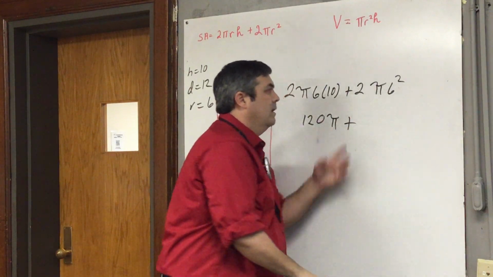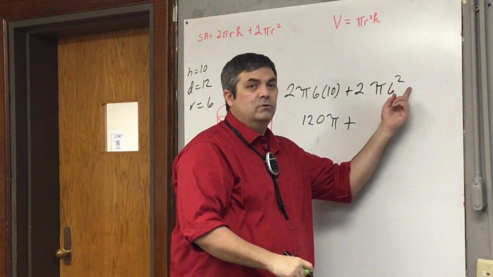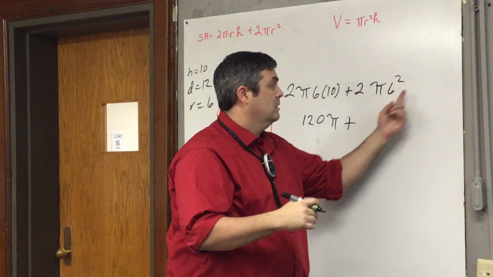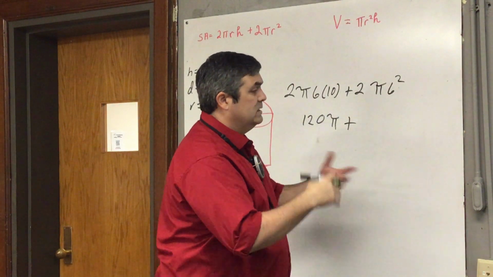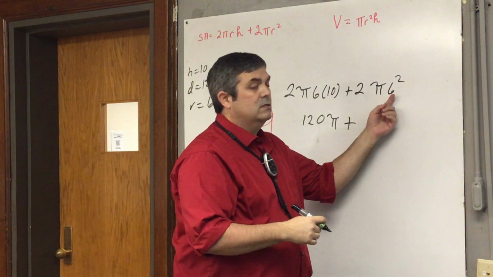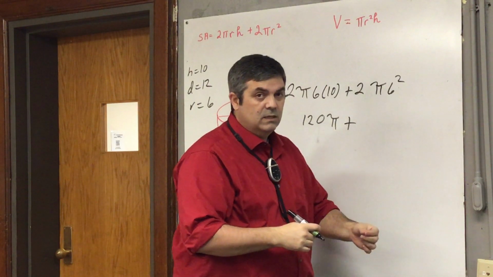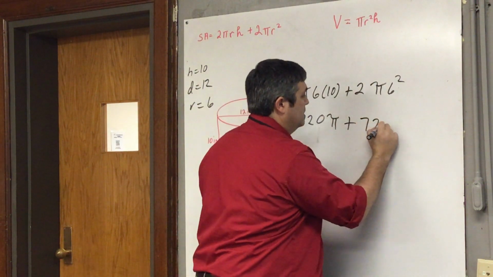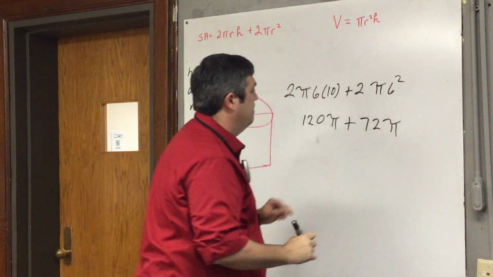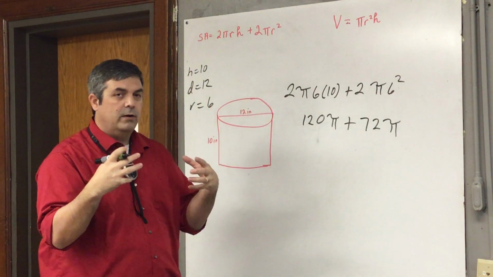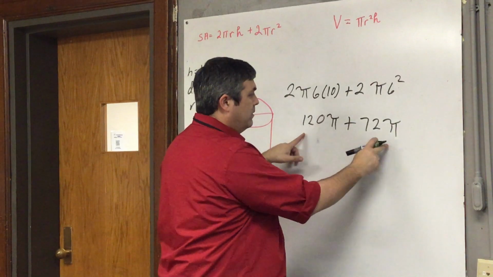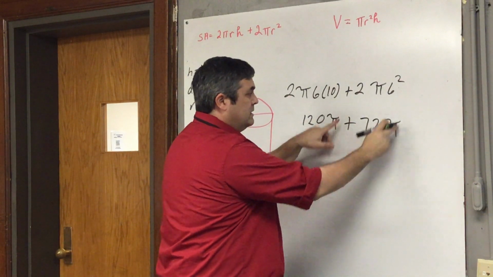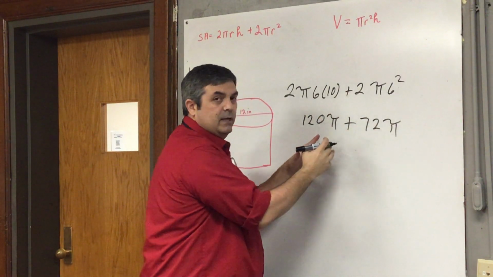Plus, now here, I've got to do this first because of order of operations. Exponents first. So 6 to the second power, which is 6 times 6, gets me 36, times 2, 72 pi. Now, combine like terms right here. They have the same variable, raised to the same exponent, so I can add them together.